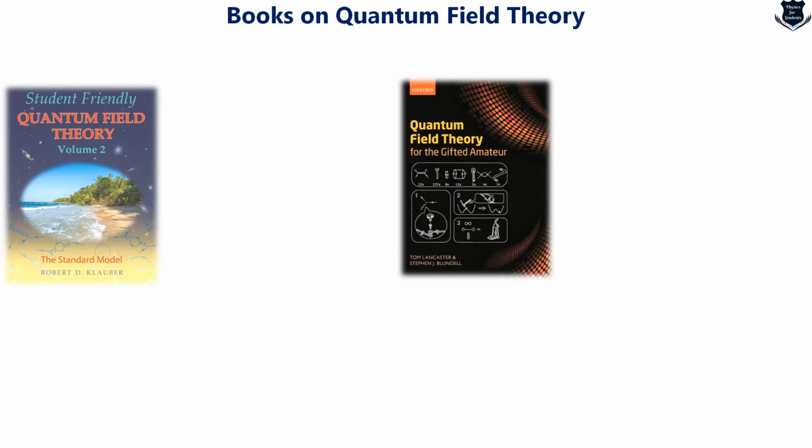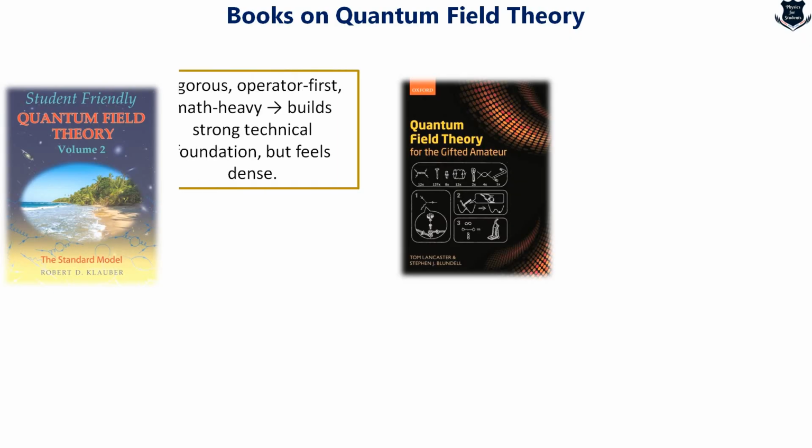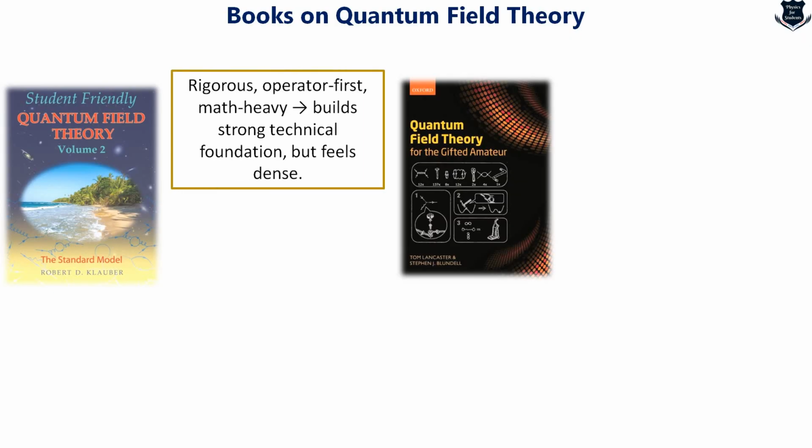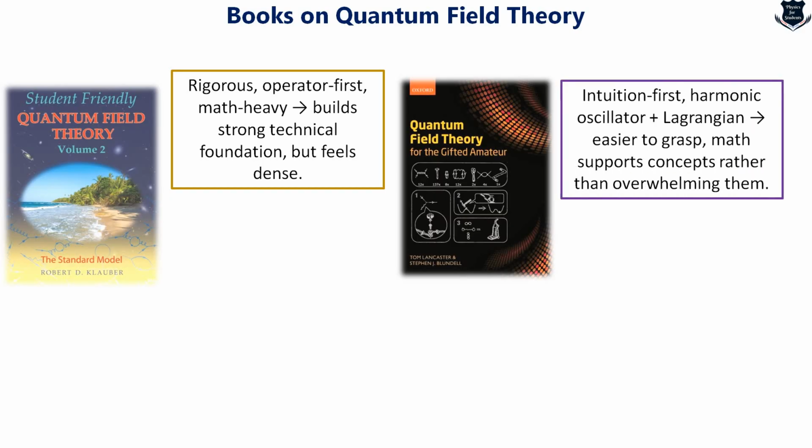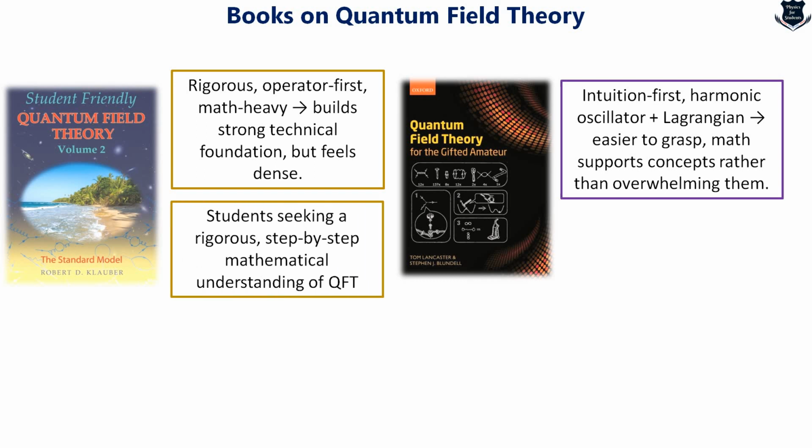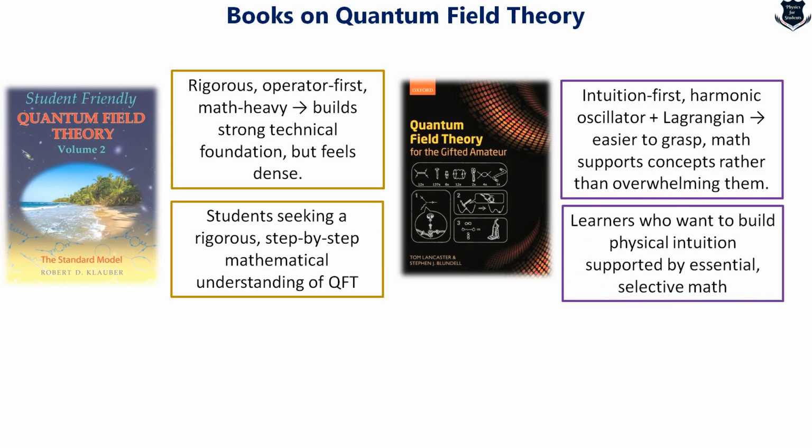So if I take on the left hand side the QFT by Professor Klauber, and on the other the QFT by Professor Lancaster and Blundell, what we can find is that this book is rigorous and builds a strong technical foundation. This book is much more intuitive because it talks about the Lagrangian part, which is easier to grasp. This is more of a step-by-step rigorous mathematics.